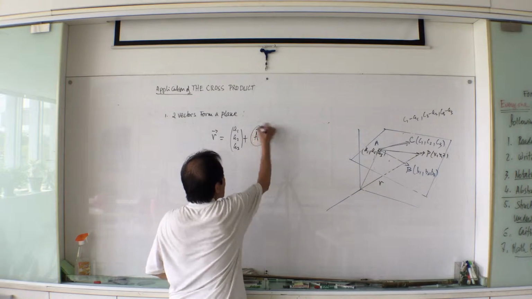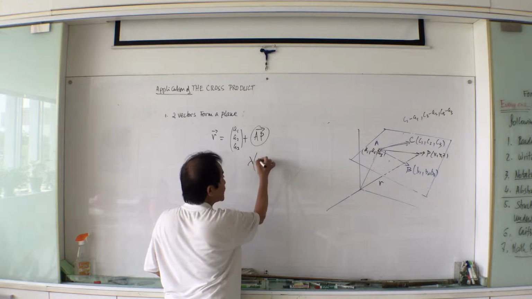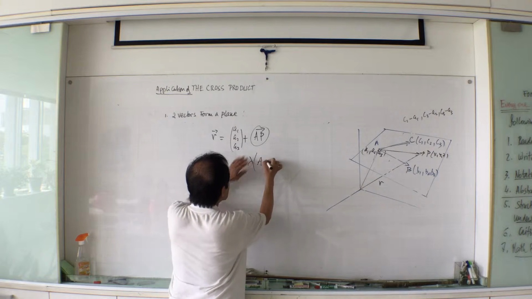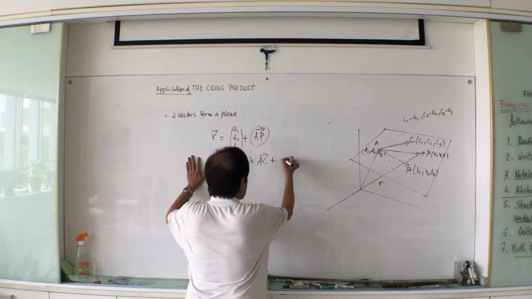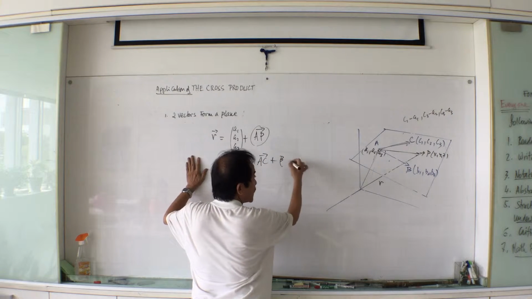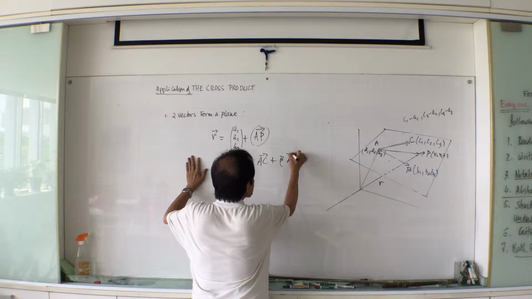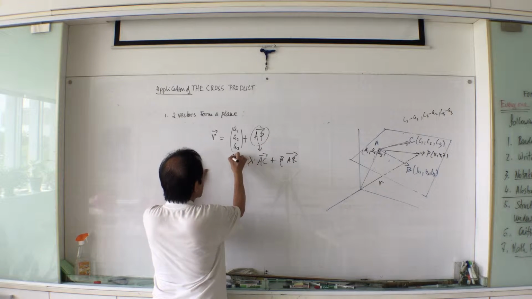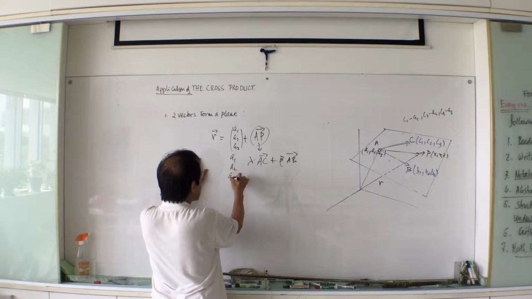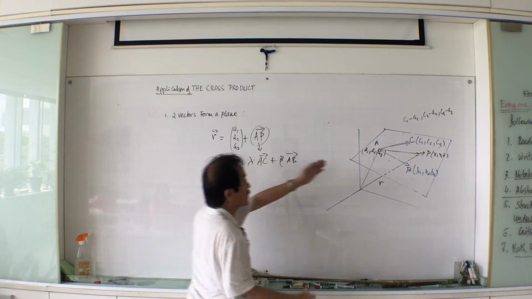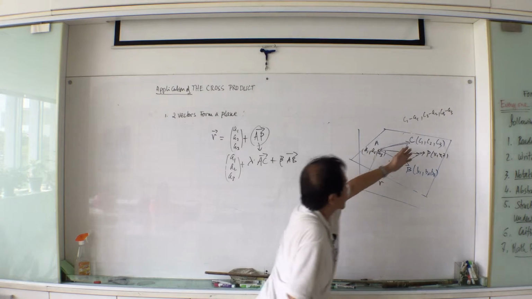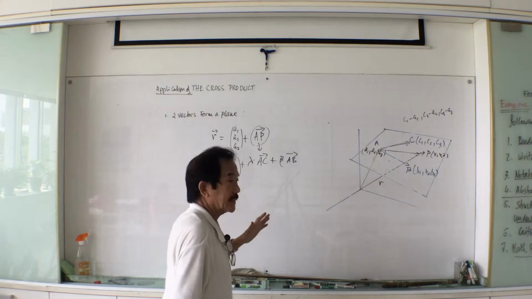That means AP equals lambda AC, plus beta AB. So that gives you AP. Then you add with A1, A2, A3, the original vector, which is the point given right here, and they give you 3 points. You can find the vector here.